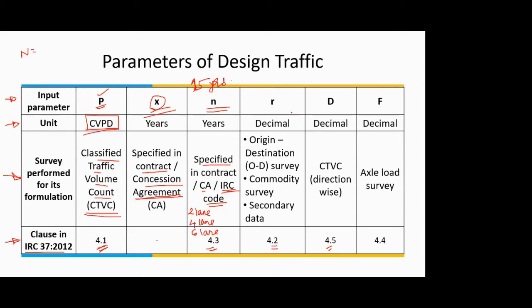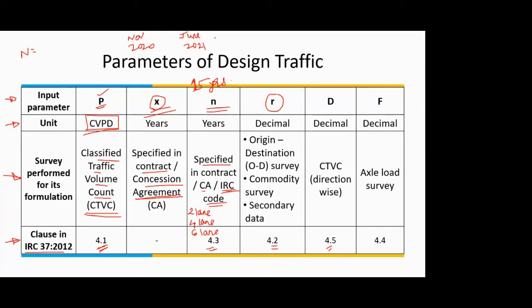Then the next term is the small r, which is the growth rate. Okay, now why do we need this growth rate? As I told you, the example that we have been discussing, now we'll just extend that example a bit. In November 2020, I counted the traffic, and then in June 2021, my road will be constructed completely, and then I'll open it to traffic.